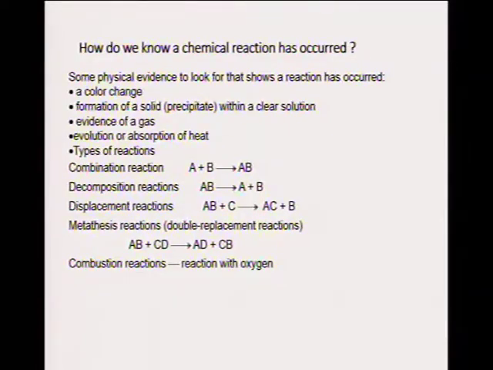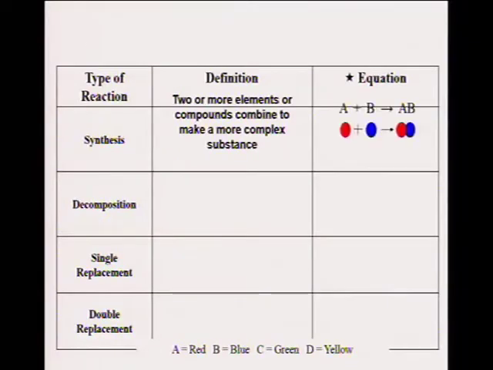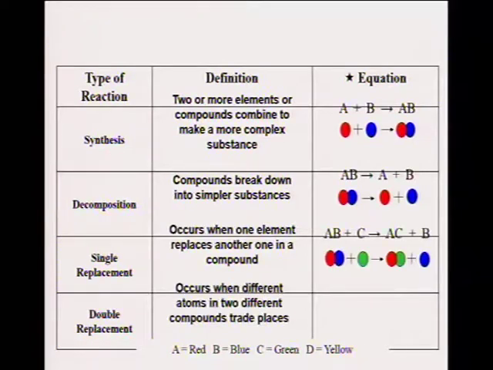There are different types of chemical reactions. We have 4: a combination reaction, decomposition reaction, displacement reaction. And these are some of the examples of these 4. In the synthesis reaction, 2 or more elements combine to make a complex substance. Like we have here the reactants, we have A and B combining to form a product that is AB.